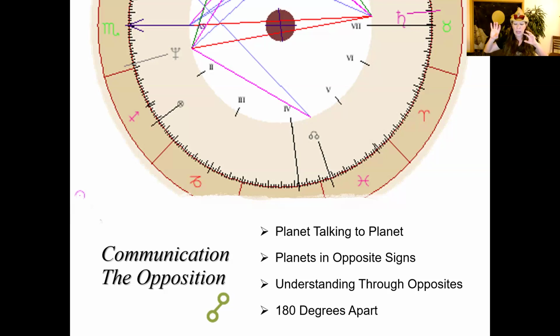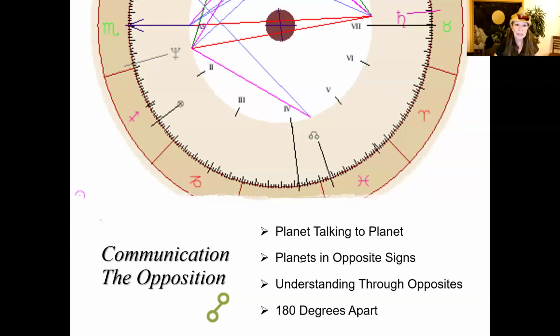An opposition is this idea that opposites attract, but they also may challenge each other, because you're checking to see, oh, I'm getting to know myself more because you're opposite of me, and you're getting to know yourself more because you're opposite.